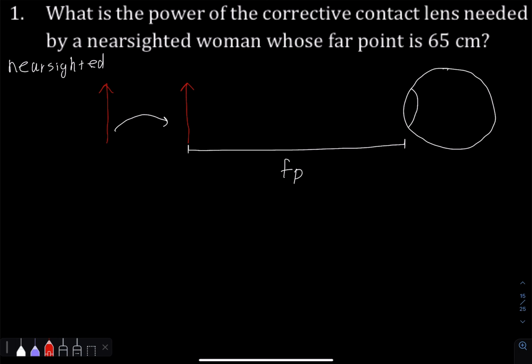So this is the object, the actual object, and this is the image of the object. This concept of image and object is from our previous chapter, and if you haven't watched that video about geometric optics, you should, because none of this will make sense without it. Right? We have the object and the image.